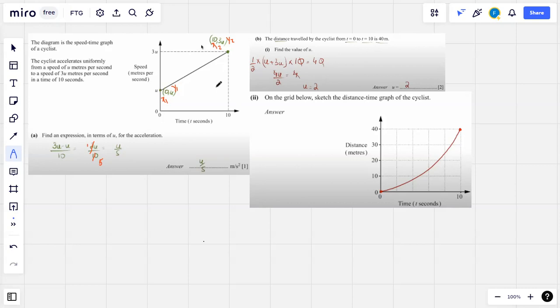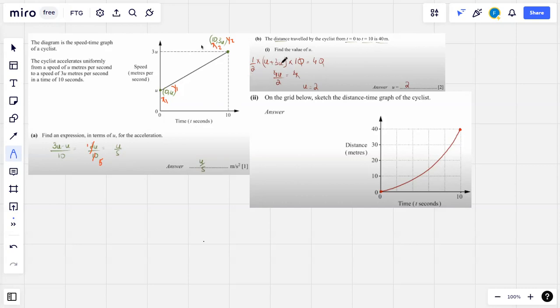The formula is area equals half times the sum of parallel sides multiplied by height. Since the area is 40, I write 40 in place of area, half multiplied by the two parallel sides. The length of one side is u and the other is 3u.